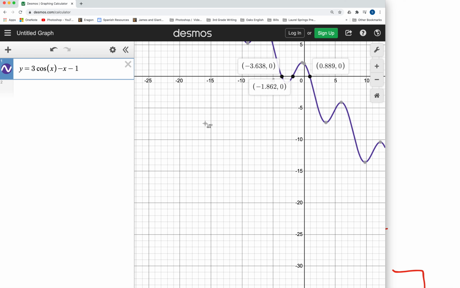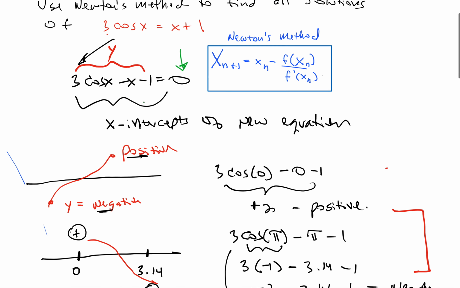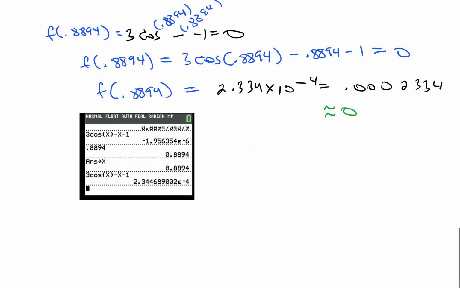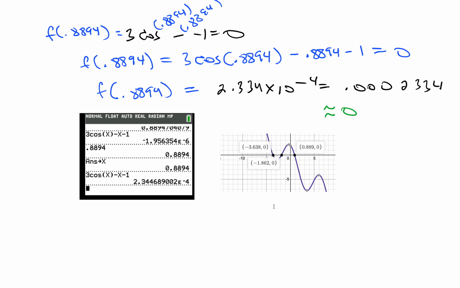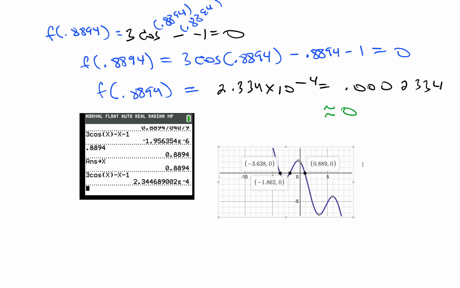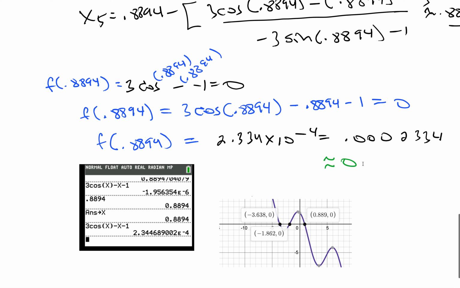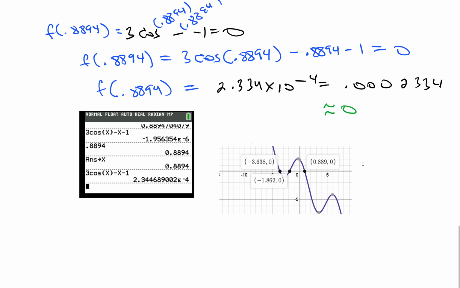All right, so if you look here on Desmos, these are all of the solutions. But you notice that the one that we found, ta-da, we got positive. Notice that we found one of the zeros right there, right?